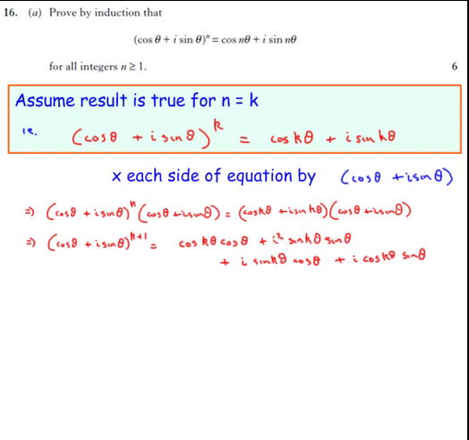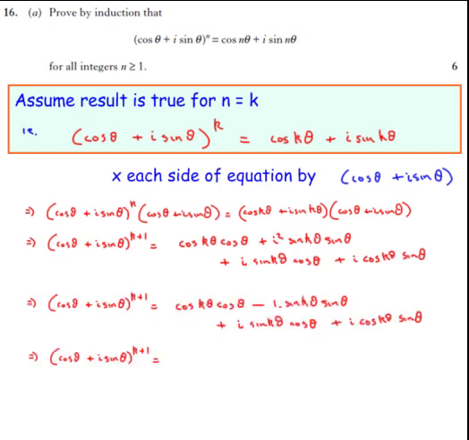The i squared is minus 1. So this is just cos k theta cos theta minus sin k theta sin theta. And then plus i sin k theta cos theta plus i cos k theta sin theta.